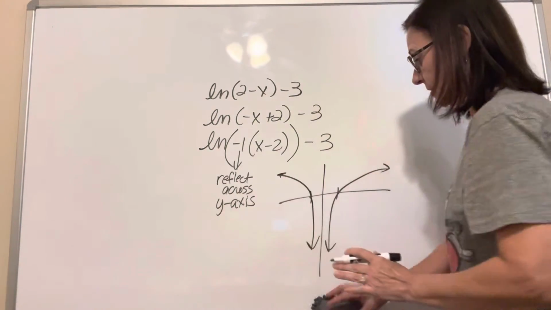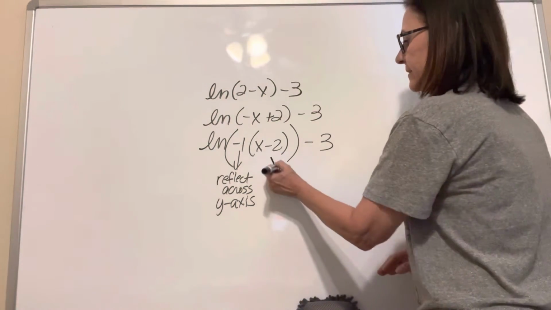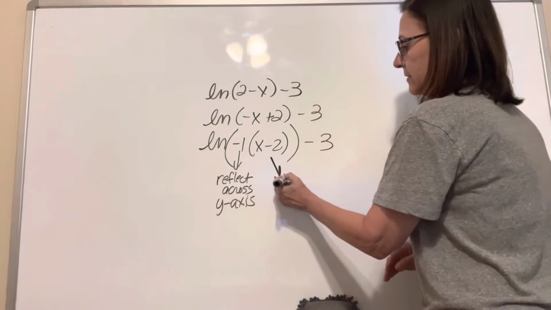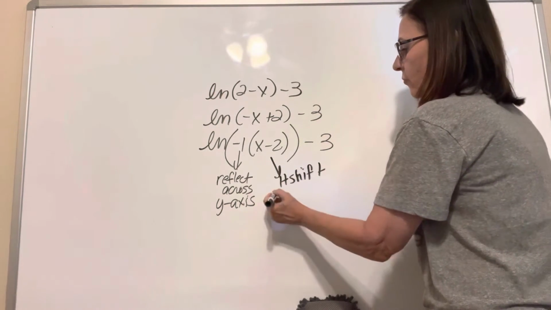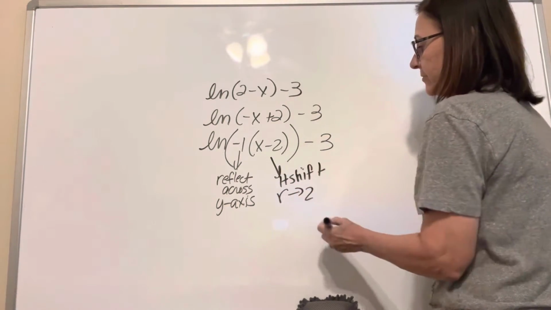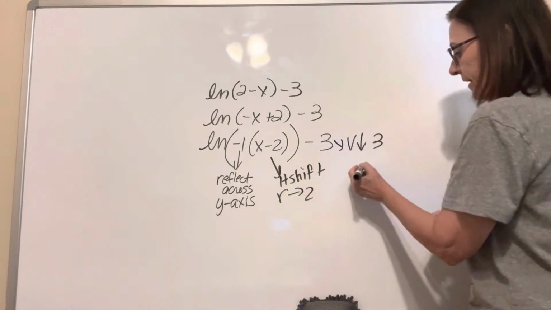Reflected horizontally. All right, this is going to be a horizontal shift right by 2, and this is going to be a vertical shift down by 3.